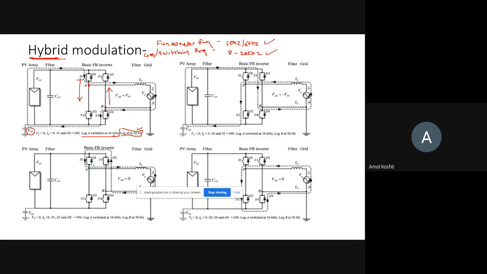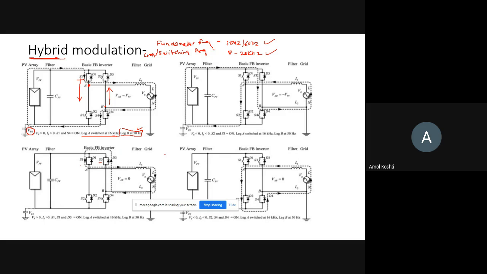Similarly for the negative half. Here, two switches from the two different legs which are not diagonally opposite: once we turn them on, zero output is produced. So after the positive half, S1 and S3 are turned on. Whatever is the stored energy in the inductor filter at the grid end, that inductor will discharge through this switching and zero output is produced there.